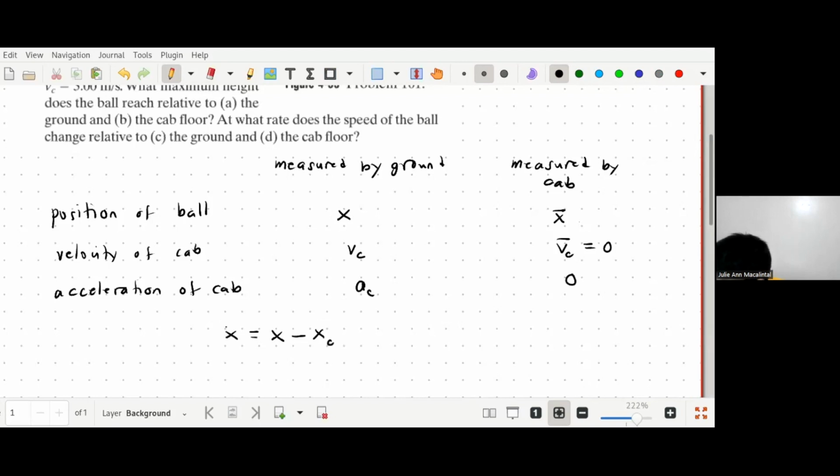Ayan. And then, pwede mo na i-relate yan eh. Yung xc, you will have an equation for xc. xc is going to be a function of time. So, ano yun? Okay na? So, okay, so stop share na ako tapos ituloy mo yung the rest of the solution.